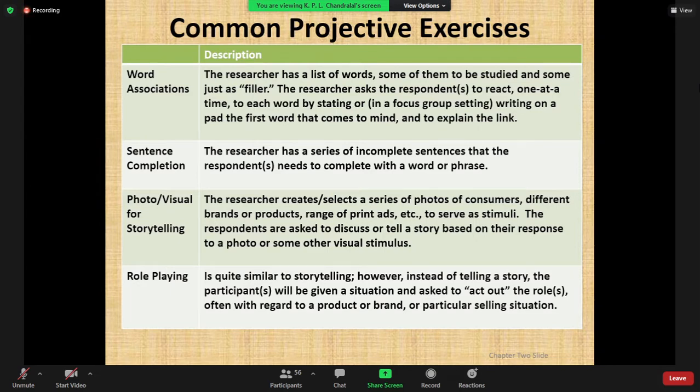Again, he can complete the remaining stuff by referring to a third person. So that's the storytelling. Part of the story is given by the researcher. The remaining part should be completed by the participant.